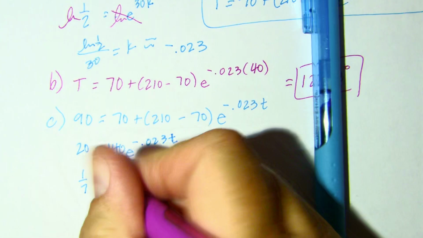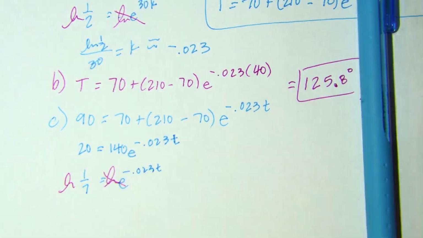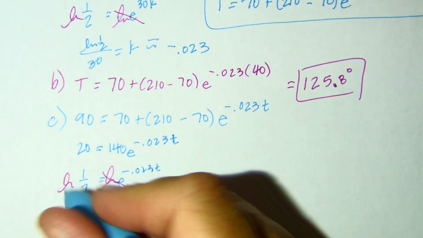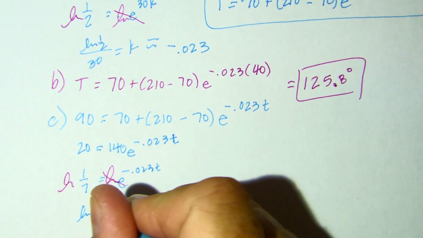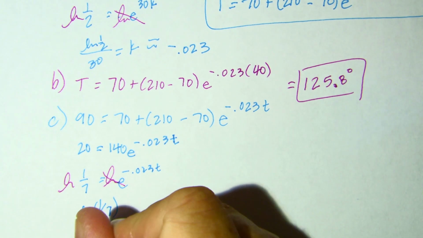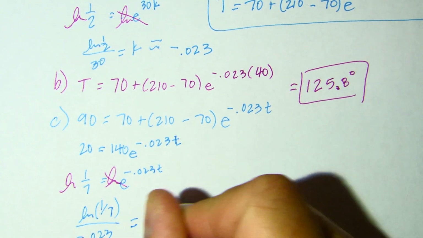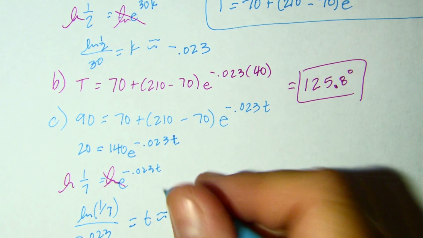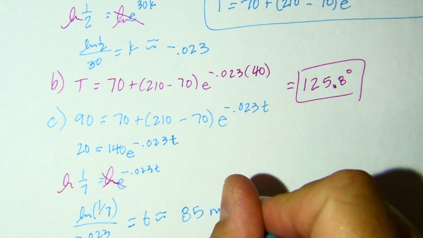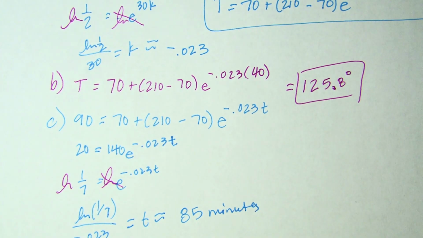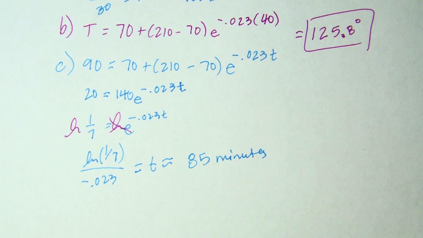I can take the natural log of both sides, and again the natural log and e cancel, and I can divide by negative 0.023. So I have ln of 1/7 over negative 0.023 is equal to t. Typing that in my calculator, I get 85 minutes. So I'd have to wait about 85 minutes for it to cool down to 90 degrees. And that brings us to the end of part 10 and the end of unit 2.